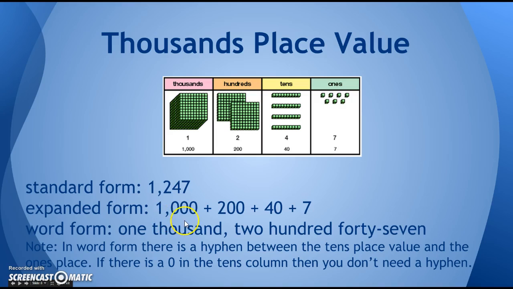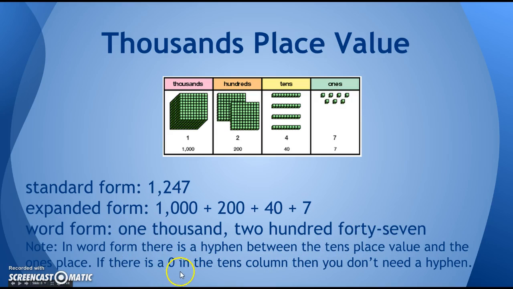So we have 1,000 plus 2 hundreds, 200, plus 4 tens for 40, plus 7 ones for plus 7. And then word form, we write one thousand, and notice the comma, two hundred forty-seven.